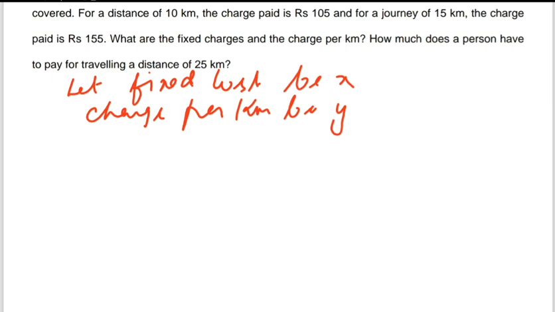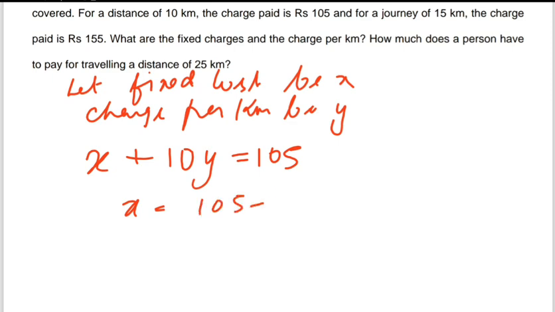So according to our equation, x plus the cost for the kilometers covered is equal to 105. Let's derive the x value. x is equal to 105 minus 10y.